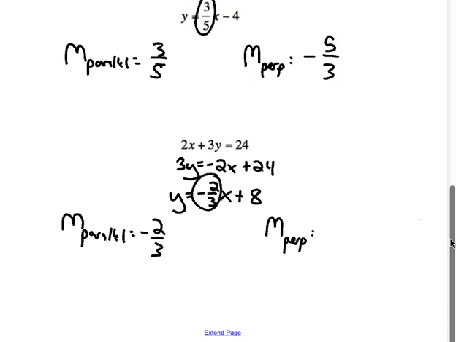So it was negative, so now my slope is going to be positive, and I just flip the fraction. So not too difficult, but you do have to know the differences between the two. Parallel, same slope. Perpendicular, opposite reciprocal. And then make sure you're actually looking at the equation that you can see the original slope. If you're not, solve it for y so you can see it.